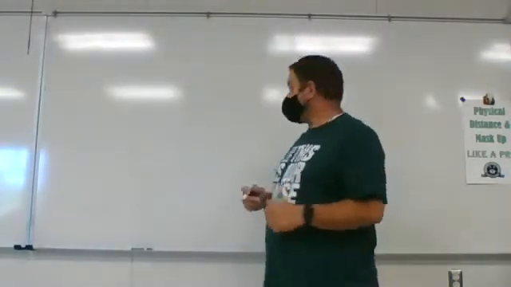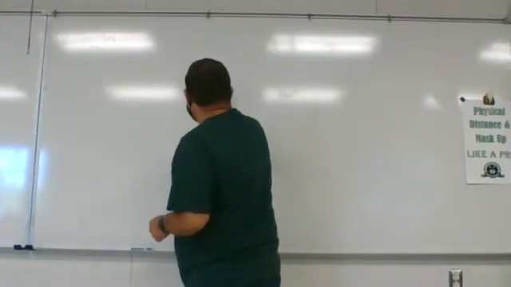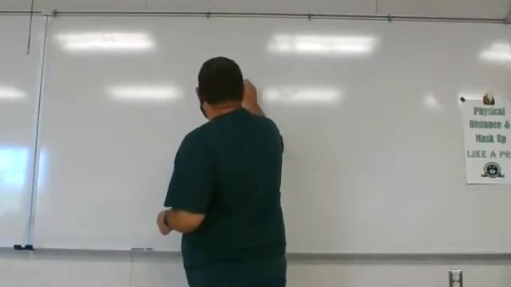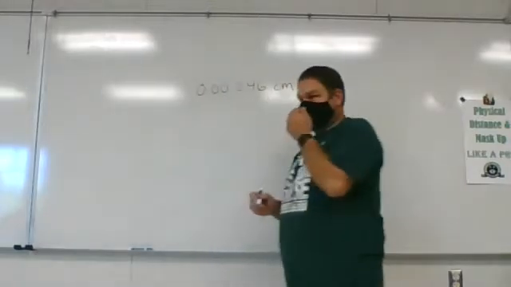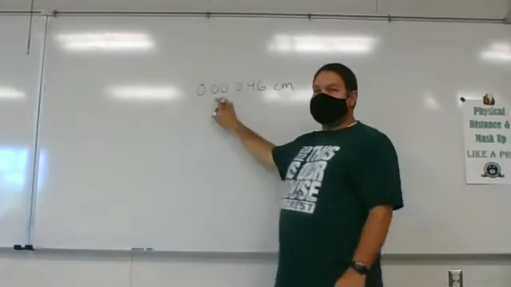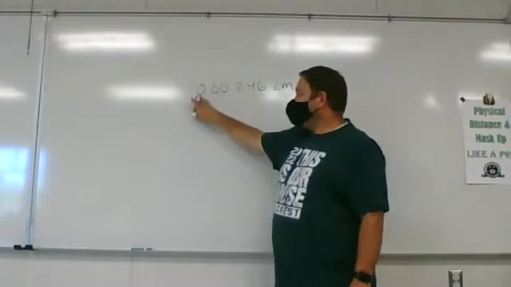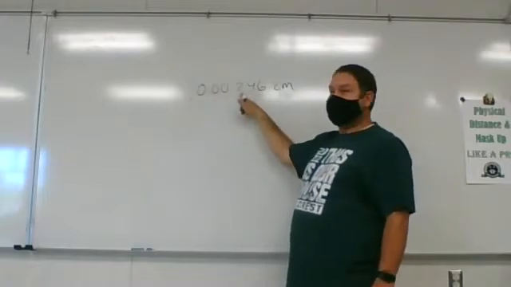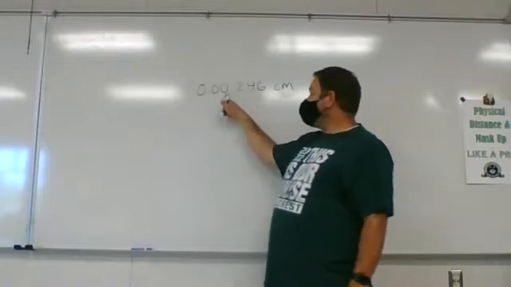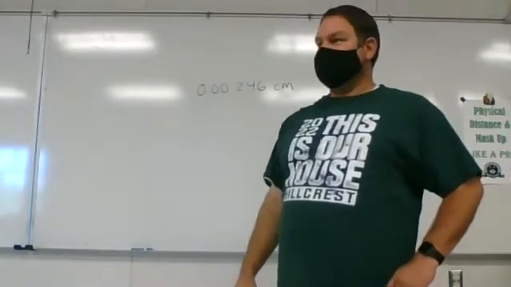Okay, so let's look at an example. If you have 0.00246 centimeters, okay? Anytime zeros come at the beginning before any non-zero digit, like this 2 is a non-zero digit, these zeros will never be considered significant digits.